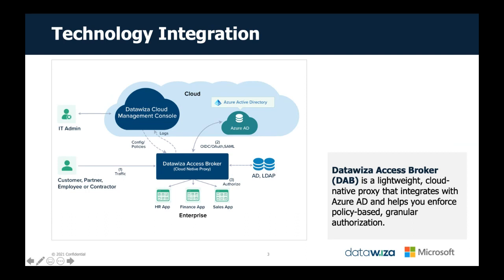And let's take a look at what the experience looks like from the user's perspective. The users could be your customer, partner, employee, or contractor. So basically, they are trying to access some application, and our Datawiza Access Broker is deployed in front of those applications.